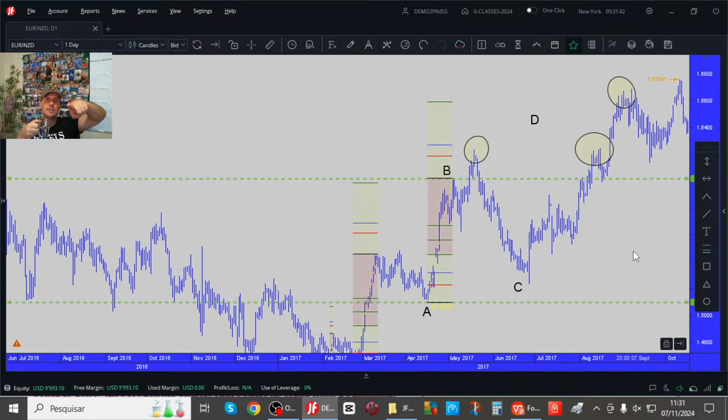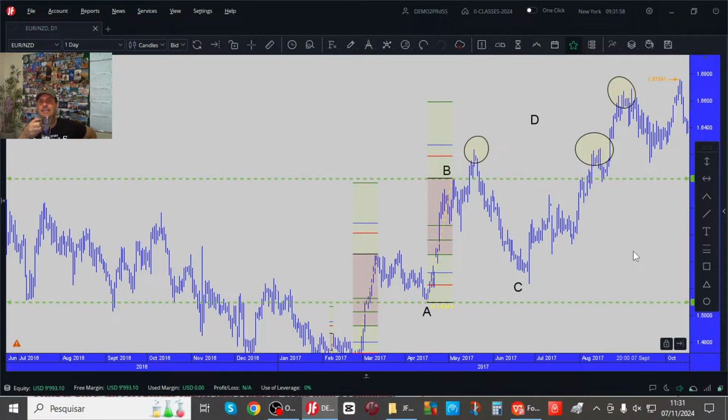You need to zoom in now on your New Zealand daily chart. You need to zoom in and figure out which one is the D. Blue goes to blue. What level of price action is at the blue?